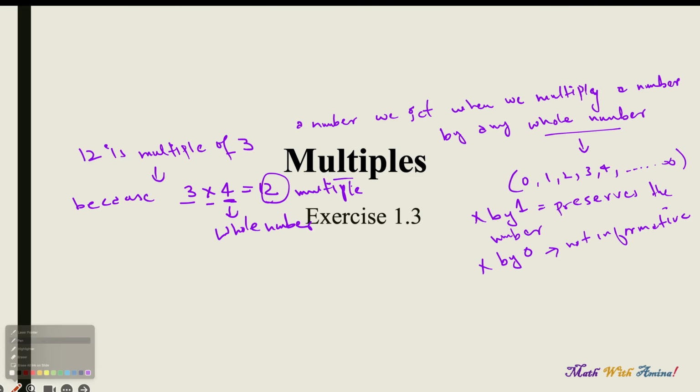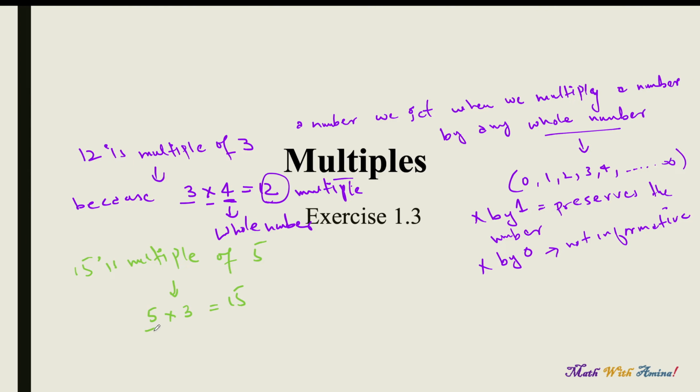Let me give you another example. Let's say we are saying that 15 is a multiple of 5, because we have 5 multiplied by 3 is equal to 15.